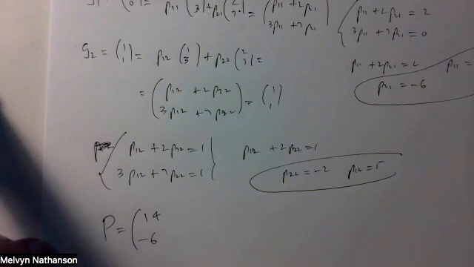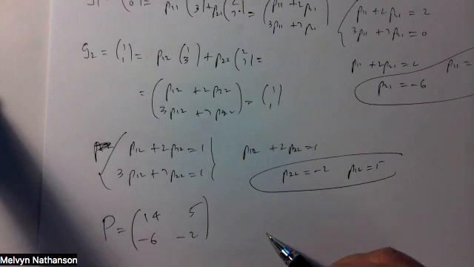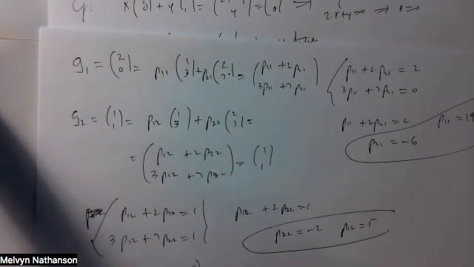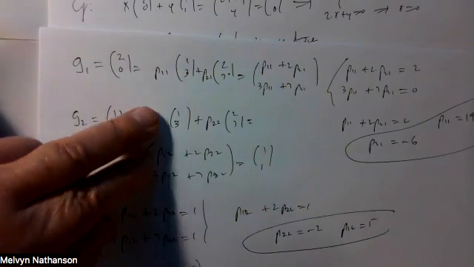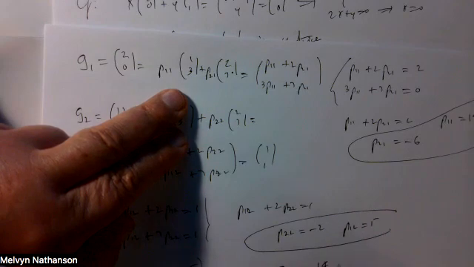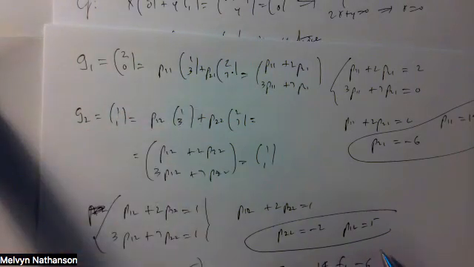So my matrix P is going to be 14, minus 6, 5, minus 2. And what does this mean? Let's look at it. From these equations that I started with, G1 is equal to P1,1 F1 plus P2,1 F2, which is 14 F1 minus 6 F2.